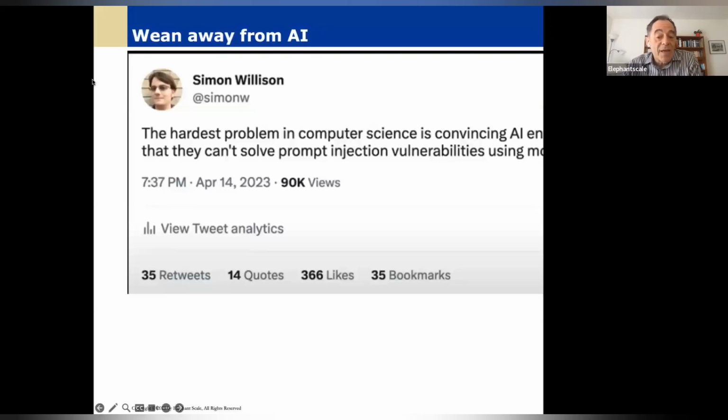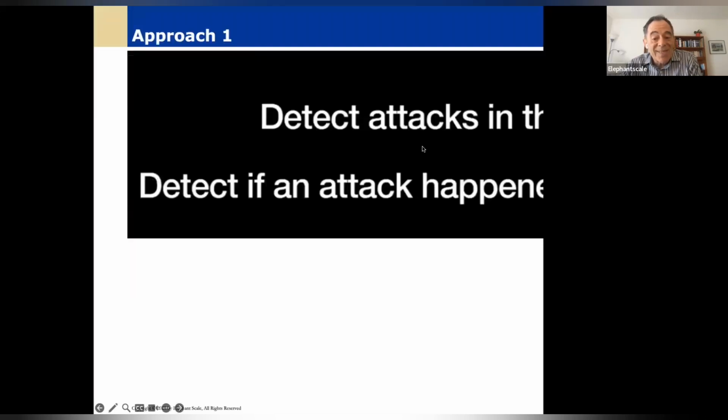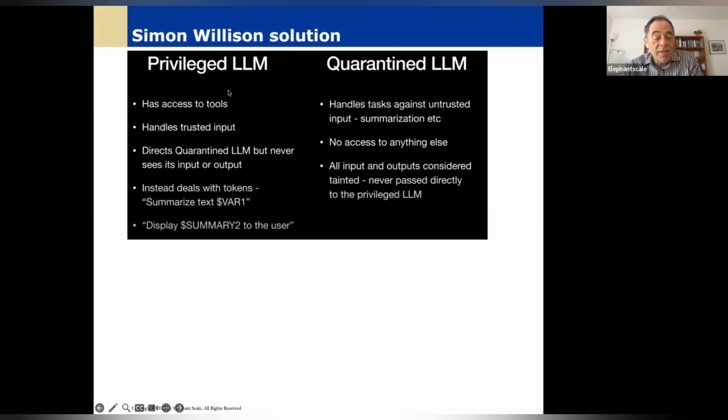So instead, you need to convince developers not to use AI, but to do the more or less standard architecture. That's his architecture, a privileged large language model. Just like you have sudo or root, and root is allowed much more than the regular user, here too you will have a privileged LLM.